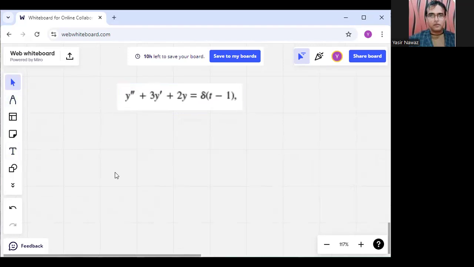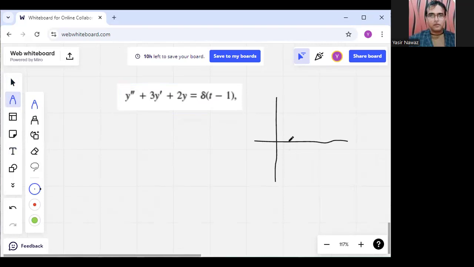So what is this impulse? Suppose that there is a square. This is A and this is A plus K. So it's a square wave. It is zero here and it is zero here.